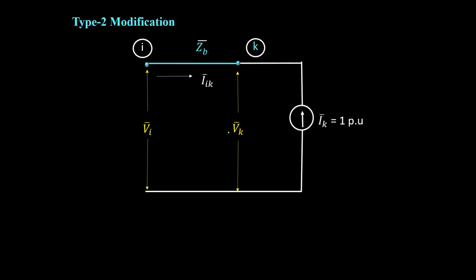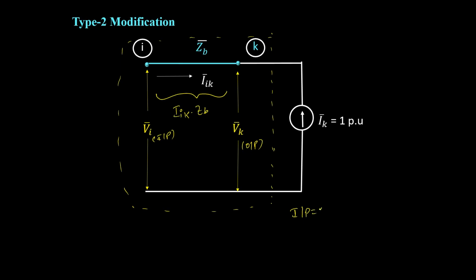So now let us write, if you see this portion of the network, Vi acts as an input, Vk acts as an output, and the drop across this element is Iik into Zb. So we know the standard formula that input is equal to output minus the voltage drop.